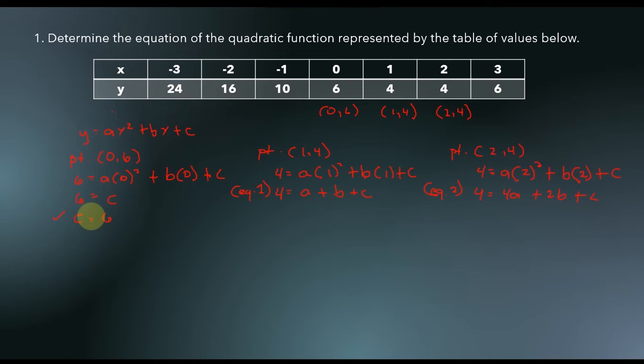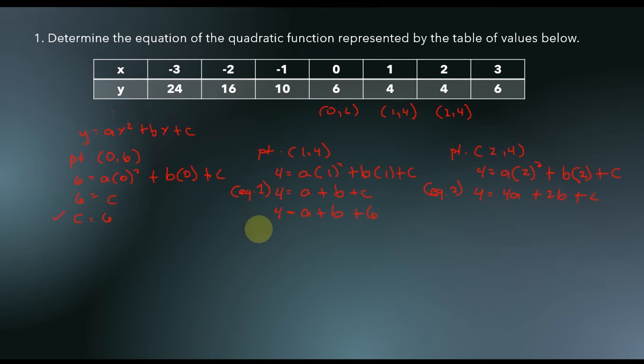Since we already have our value for c, we're going to substitute c equals 6 into equations 1 and 2 to form other equations. Let's go with equation 1. 4 equals a plus b plus 6.